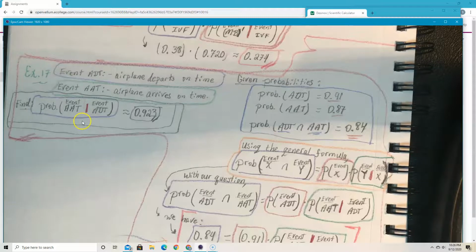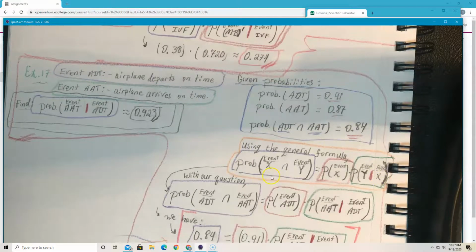So they just twisted the question. They normally ask us to find this one. And normally we use this general formula. The probability of a first event and a second event is equal to the probability of the first event multiplied by the probability of the second event given the first event occurred.